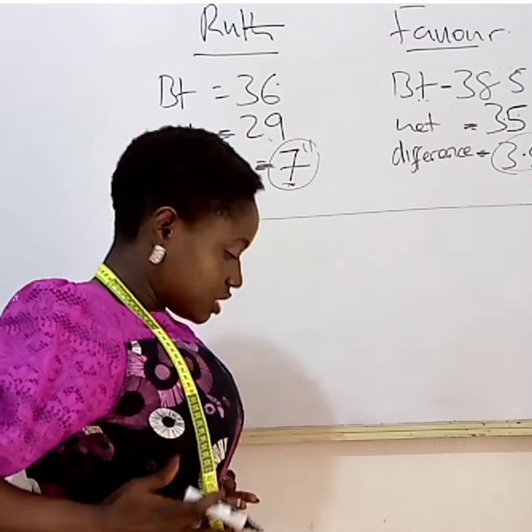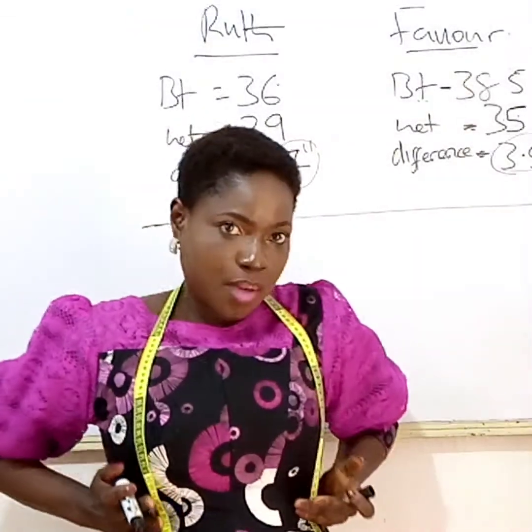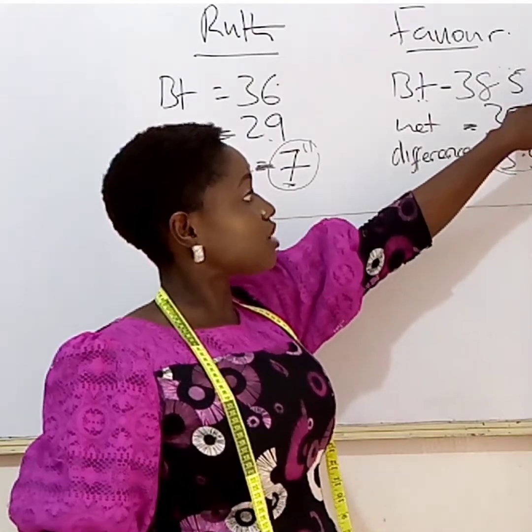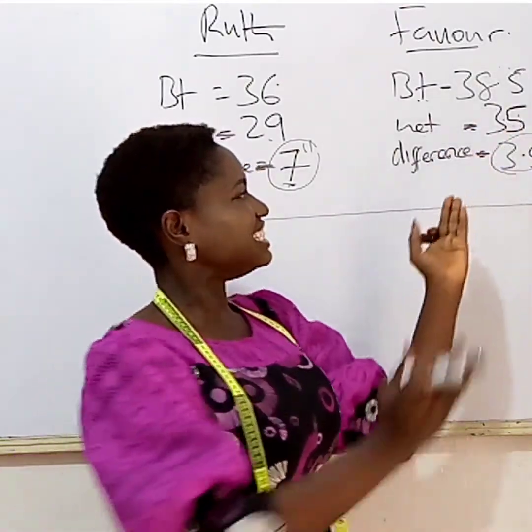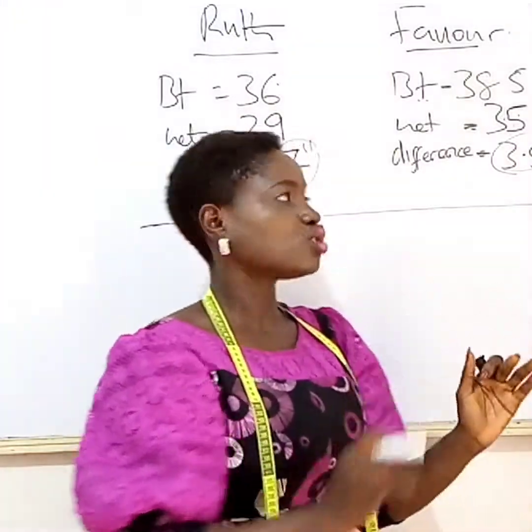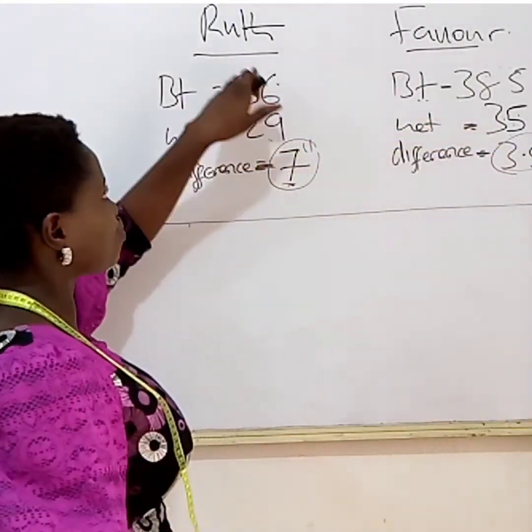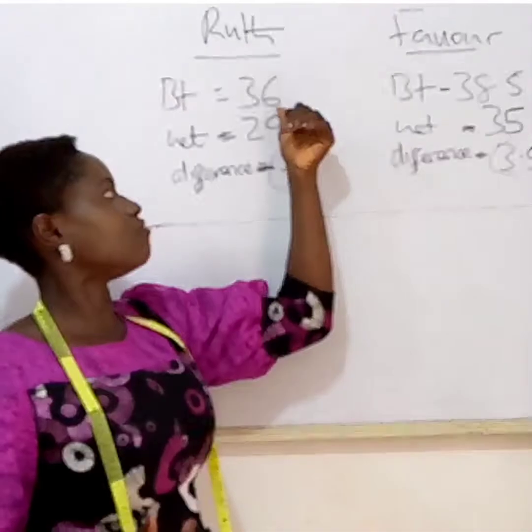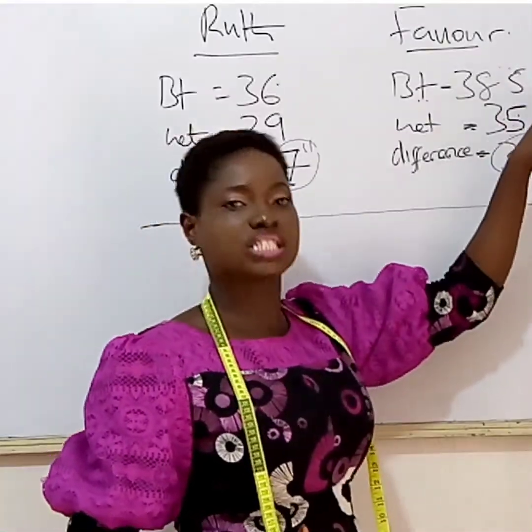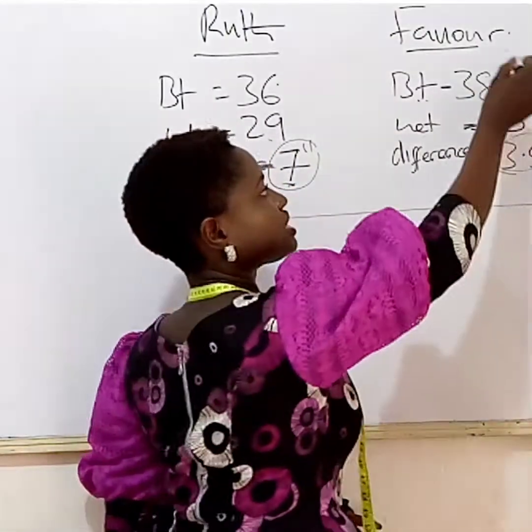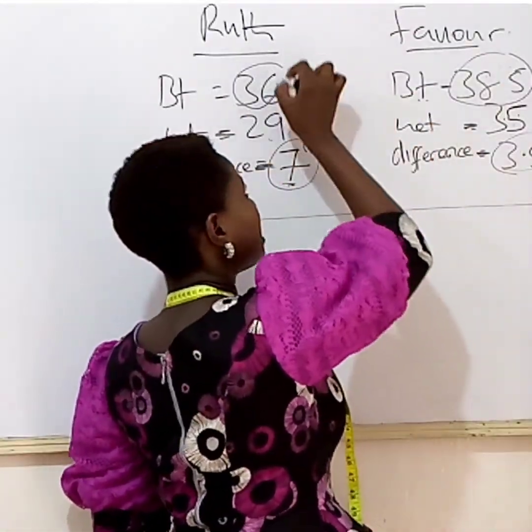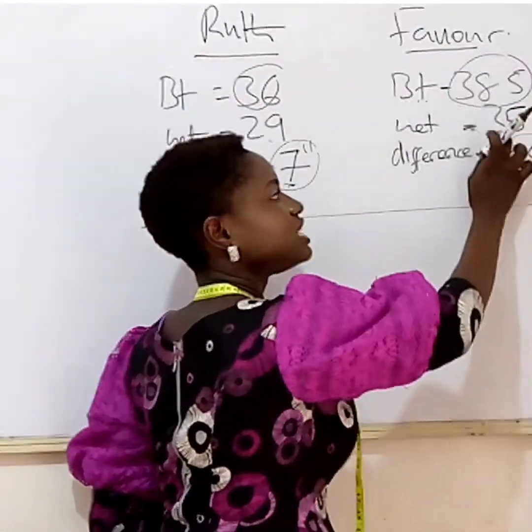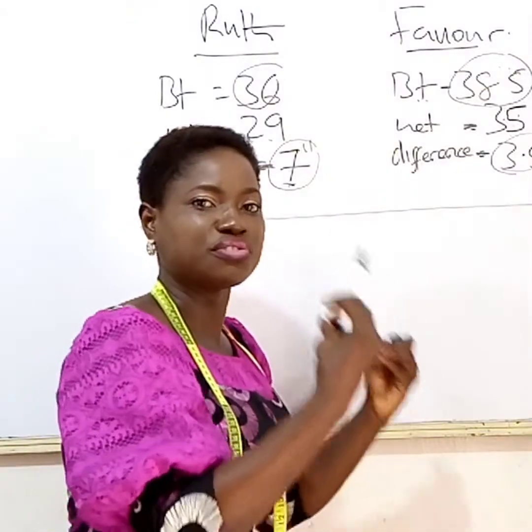As you approach the person's waistline, there's a sharp reduction. Whereas for this person, as you approach the waistline, the difference isn't that much. So for this person, Ruth, we need to create more room at the front to accommodate her bust than for this person. So we do not look at the bust measurement in isolation and say, okay, this person has a fuller bust. It's when we compare the bust with the waist measurement that we get the real value.